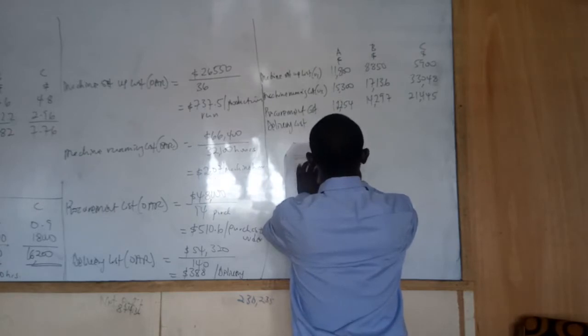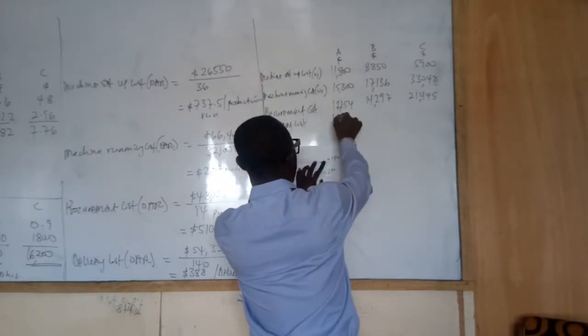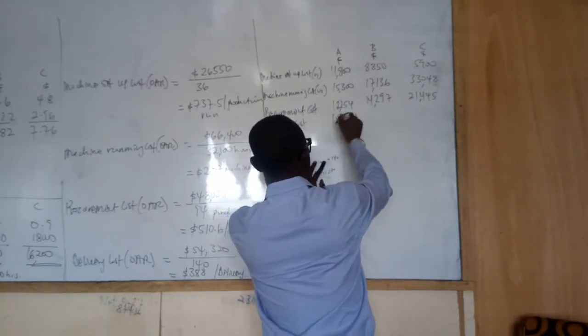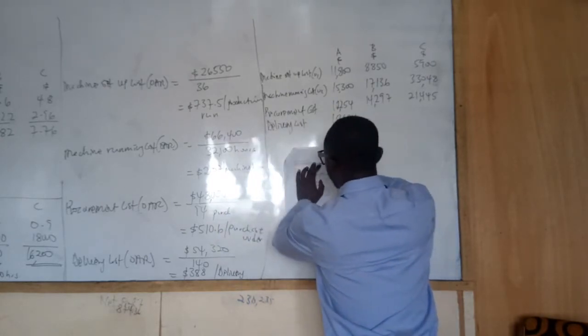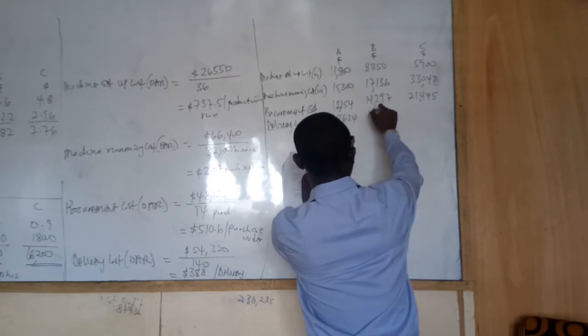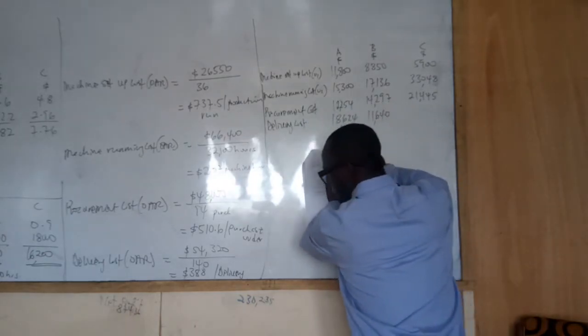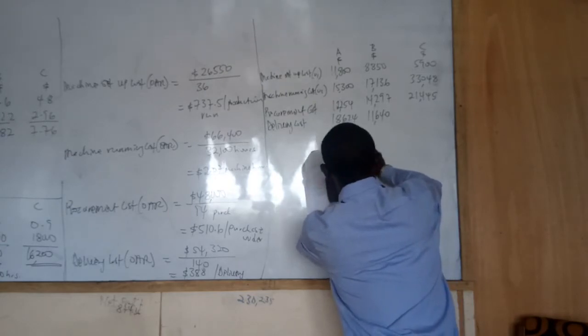What we got? We have 18,624. B did how many deliveries? 30. So 30 times 388 is 11,640. C did how many deliveries? 62, times 388, is 24,056.